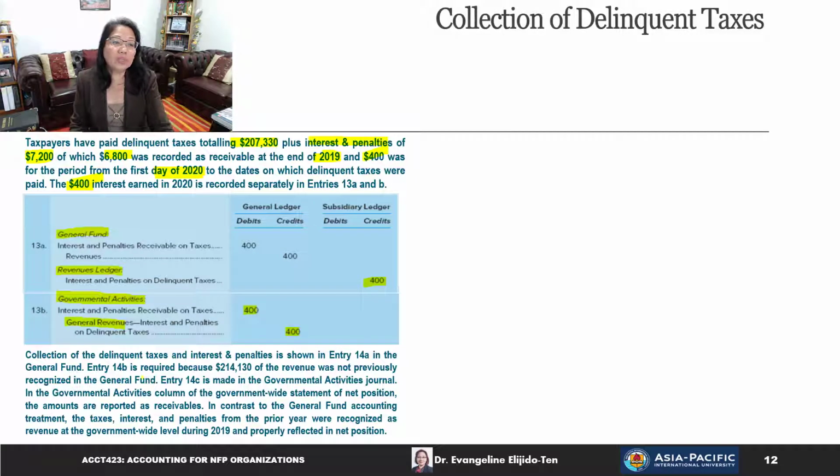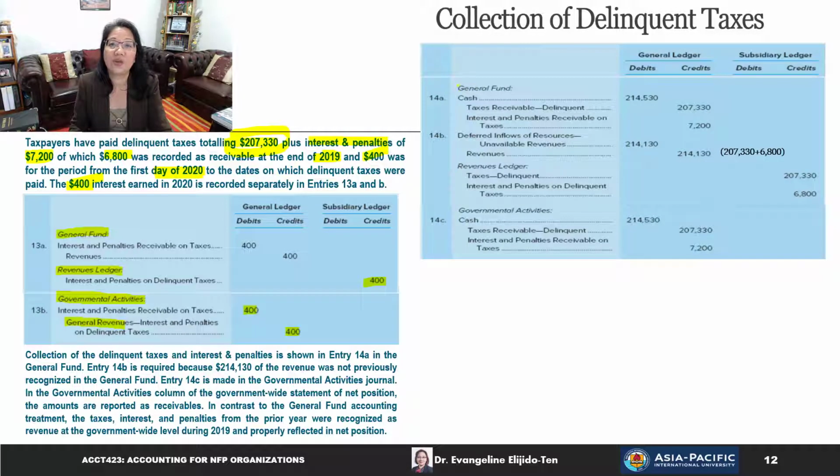Now, once the collection of the delinquent taxes and interest and penalties are to be recorded, how do we record that in the general fund? Let's look at the general fund entry first. We will be debiting cash. Where do we get that cash of 214,530?